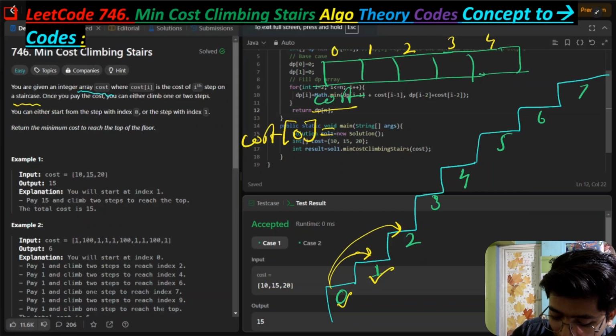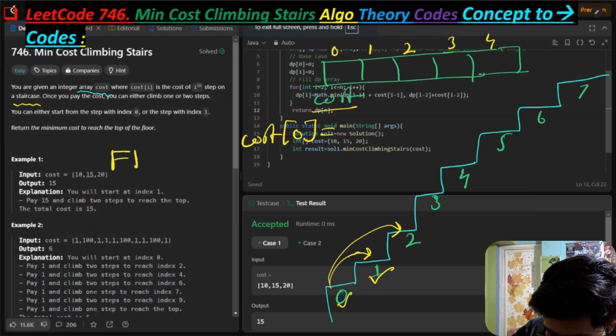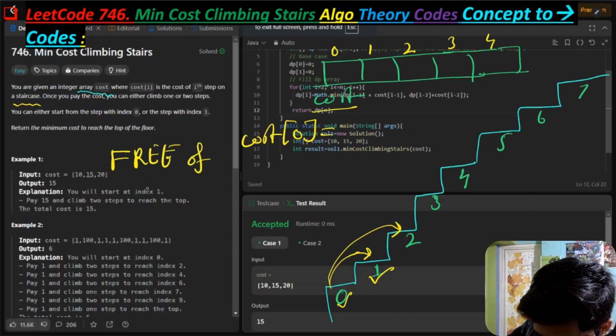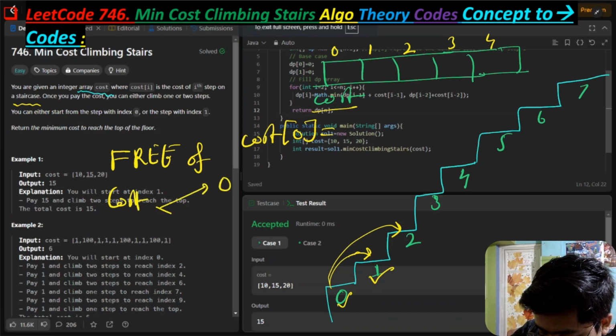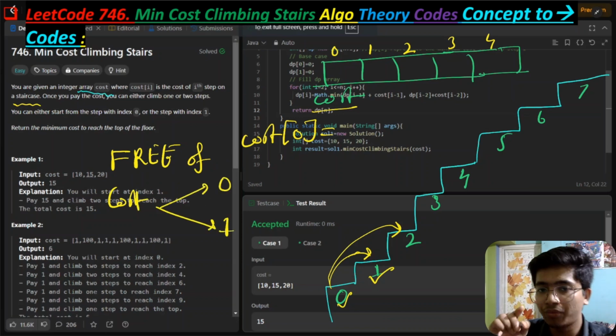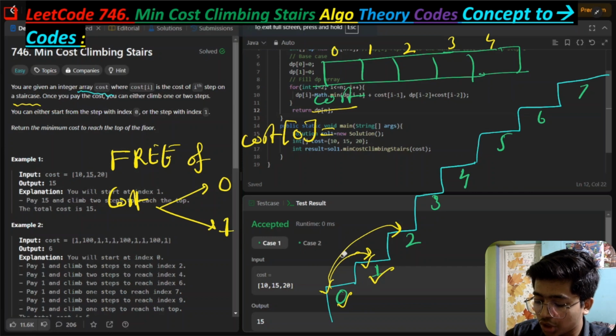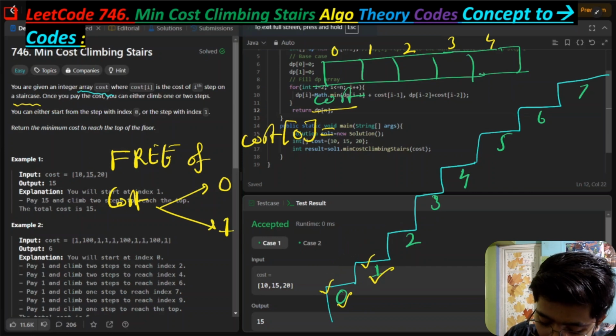So free of cost, we can either start from step 0 or step 1. We can start from these two positions without any cost.